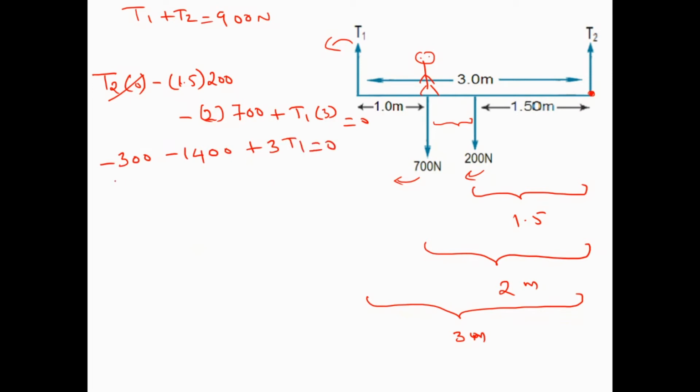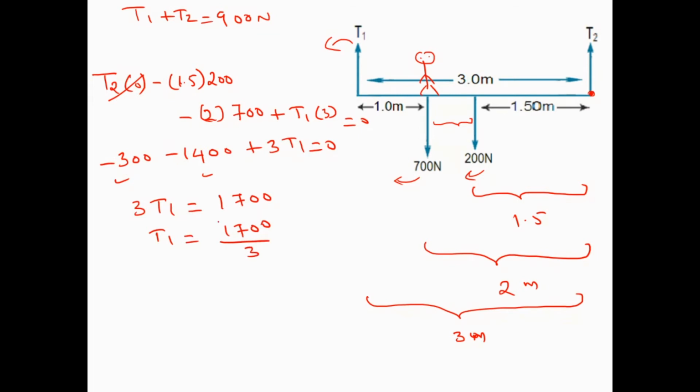Now I'm going to move this to the right hand side. Both are negative, so we can add, which is nothing but 1700. So 3T1 is equal to, when this minus 1700 goes to the right hand side, it has the positive value, so positive 1700. Therefore T1 is equal to 1700 divided by 3.